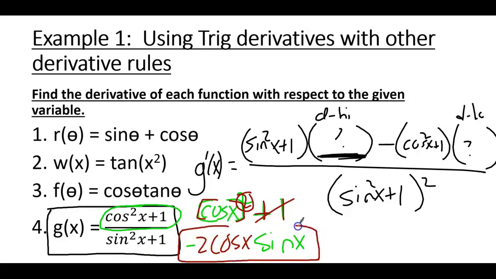So it's really a sneaky little chain rule because cosine squared x really means cosine x to the second power. Okay, so I'm going to go ahead and put that answer in there. What I want you guys to do is pause the video after this and see if you guys can find the derivative of the bottom. So let me put this in here real quick. Go ahead and pause the video and see if you guys can find the derivative of the bottom function now.